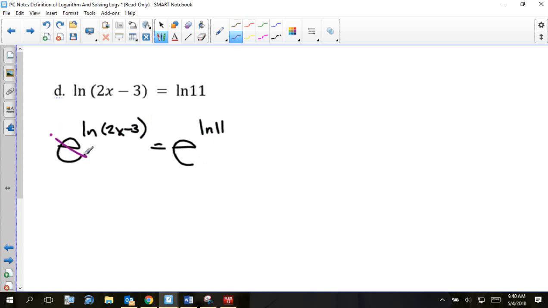Anytime you see E to the ln, they undo each other. And then you solve what's left over. And you check your answer, that one works. We move on to the next one. Make sure that you know that E is a base, so ln goes to the exponent.